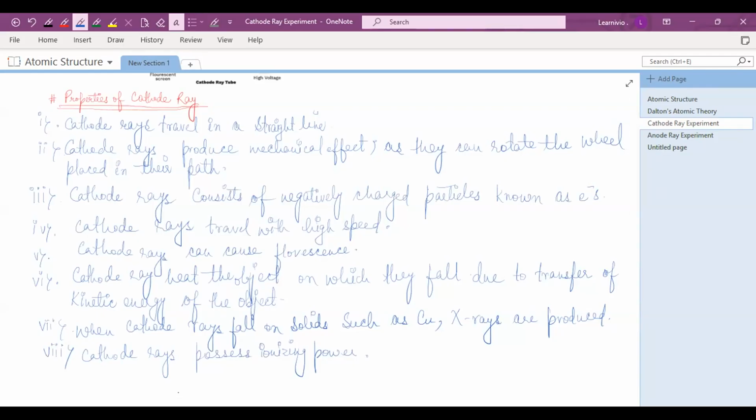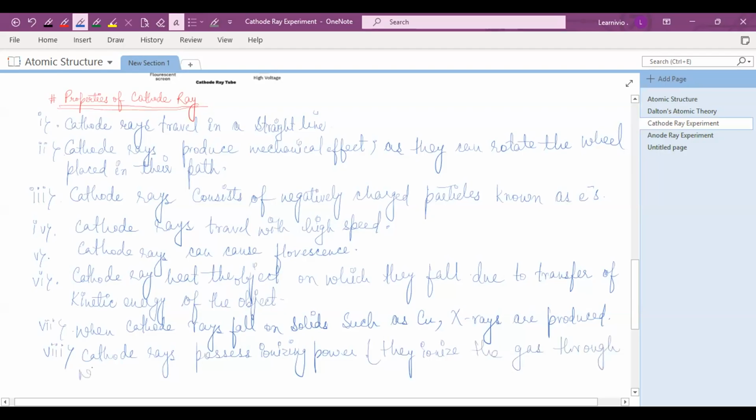Whenever the gas is passed, they ionize the gas through which they pass. You can write down: cathode ray possesses ionizing power, meaning they ionize the gas through which they pass.